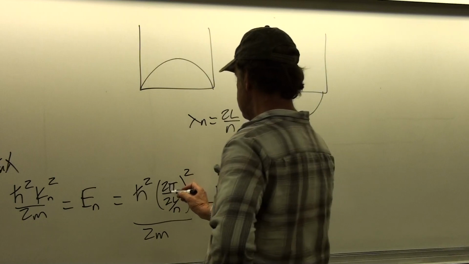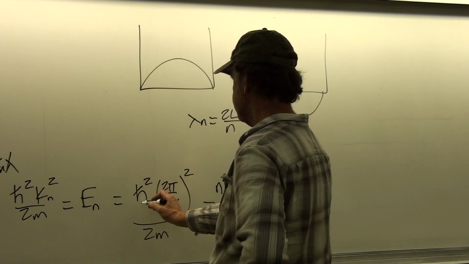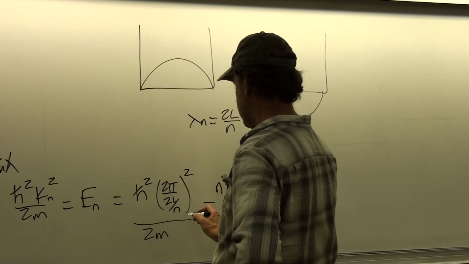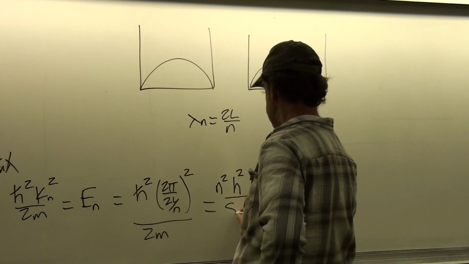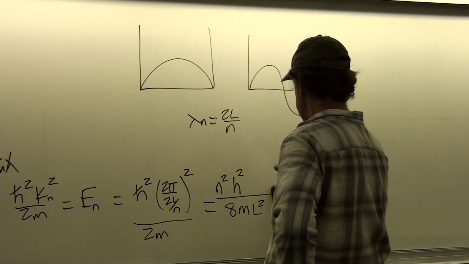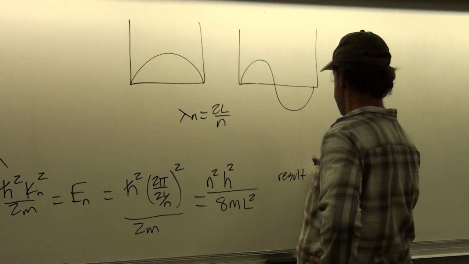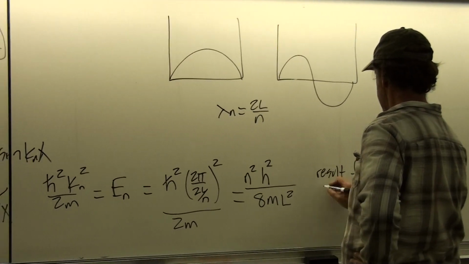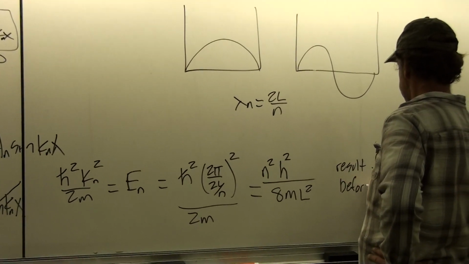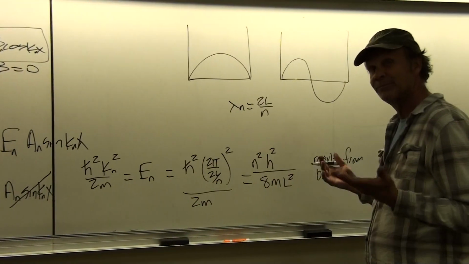And then 2 pi's have canceled from h over 2 pi squared and 2 pi squared. So what's left then is just 8mL squared. So this was the result we got from before, but it was gotten by solving the Schrodinger equation.